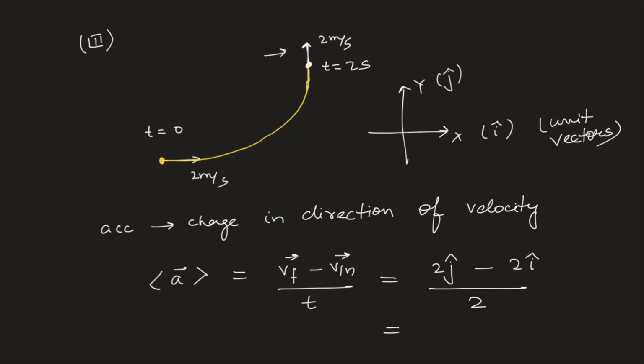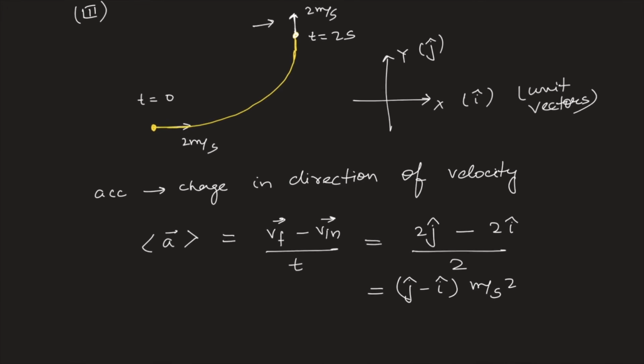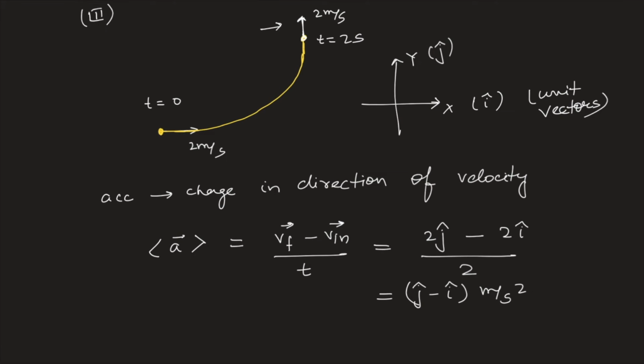So we can cancel out all the 2's and we will have j cap minus i cap meter per second square. Now what I can do is find the magnitude of this acceleration, and that would be root under 1 square plus 1 square, or root 2 meter per second square.